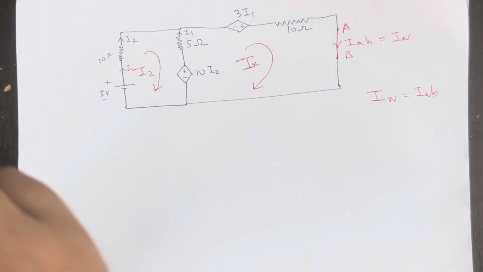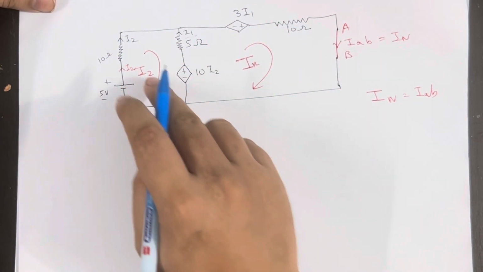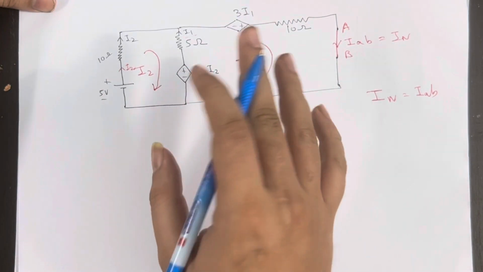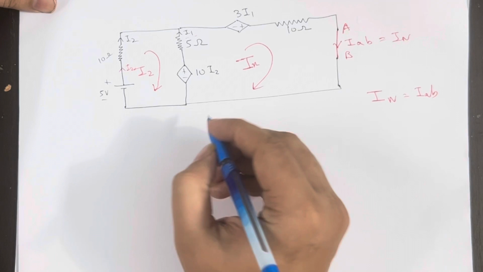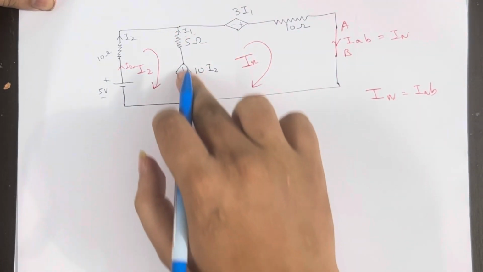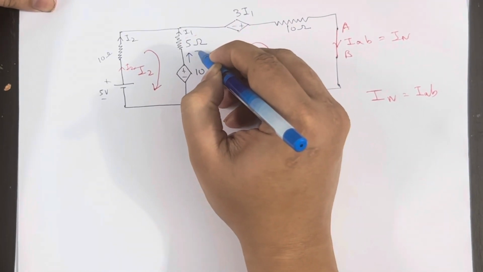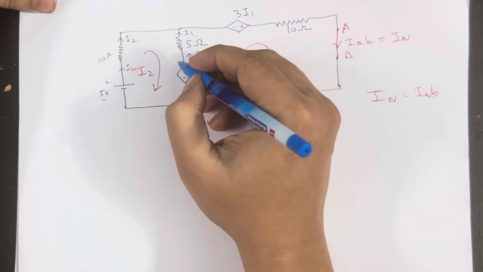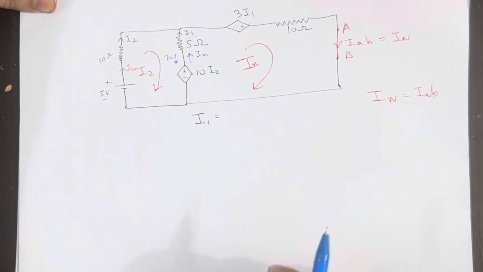So let's form the equations. Now we have two loops. First let us write a simple equation: what is the value of I1? I1 is the branch current of this branch. Here Ix is flowing upwards in the direction of I1, and I2 is flowing downwards, in the direction opposite to I1.